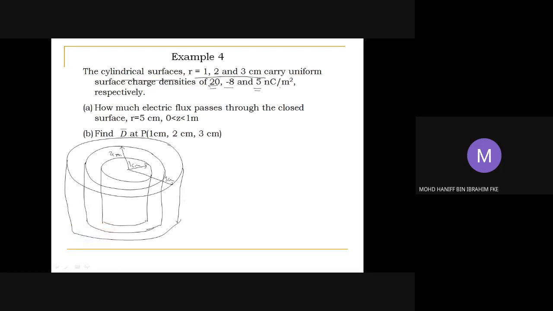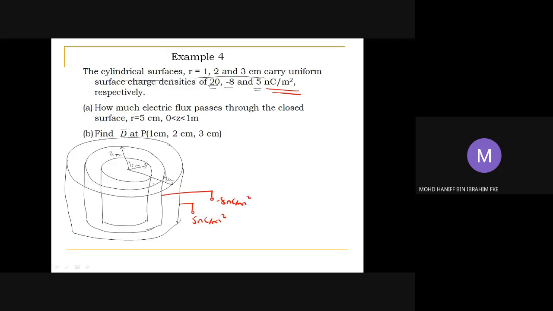Remember, the charge distribution is in nanocoulomb per meter squared, which means that your charge is only on the surface of your cylinder. So for this one, it is 5 nanocoulomb per meter squared, on the surface only. Also here on the surface, it is negative 8 nanocoulomb per meter squared.